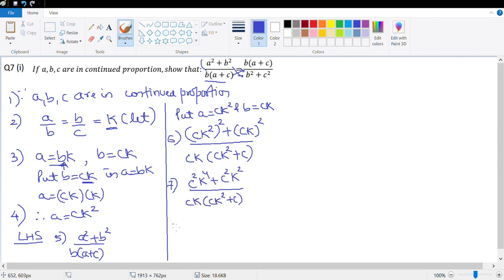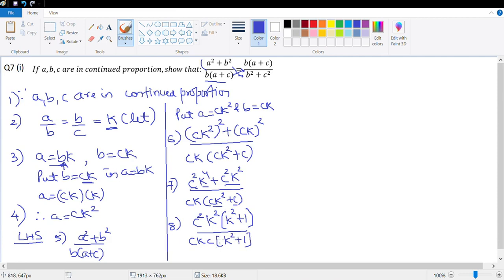Anything common in the numerator? I notice C square K square is common between both these terms. So let's take C square K square common. What remains in the first term is K square, and what remains in the second term is plus 1. Next, here I have CK. Out of these two terms, another C comes out, which means what remains in the first term is K square plus 1.